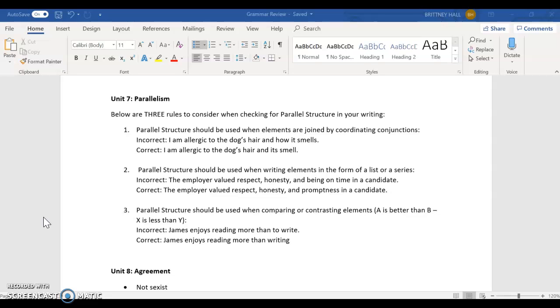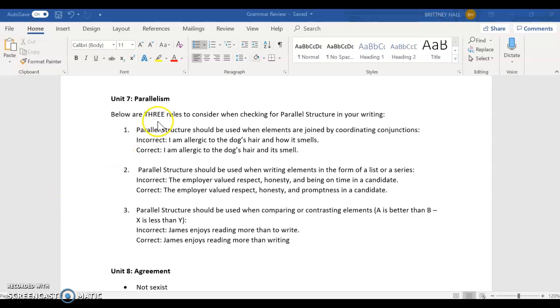All right, so we're going to talk about the three main rules that we should consider if you are looking to see that your sentences are parallel. And again, it doesn't mean that the sentence is bad if it isn't parallel. It's not a very well-written sentence. It isn't balanced or crafted, right? So from a more artistic perspective, it's poor writing if it isn't parallel.